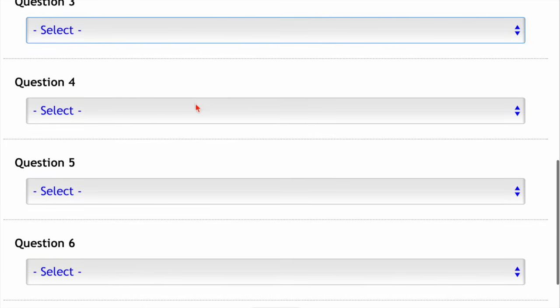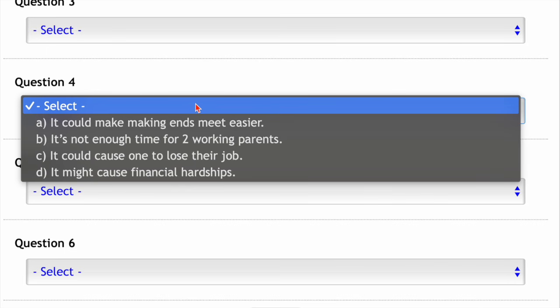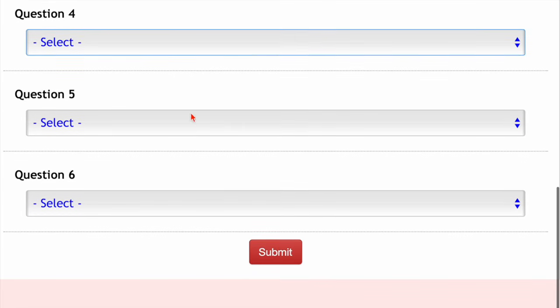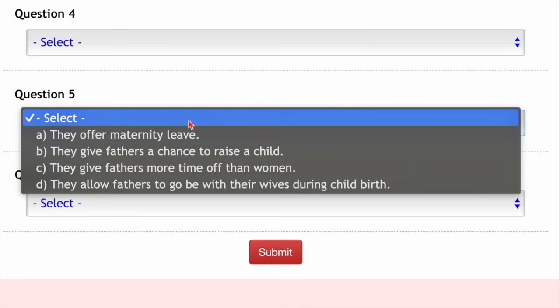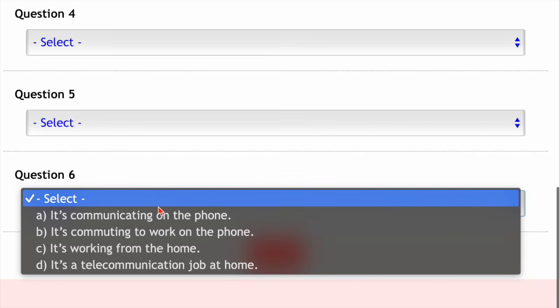Question 4. What is the problem with unpaid leave? Question 5. What do companies offer fathers? Question 6. What is telecommuting?